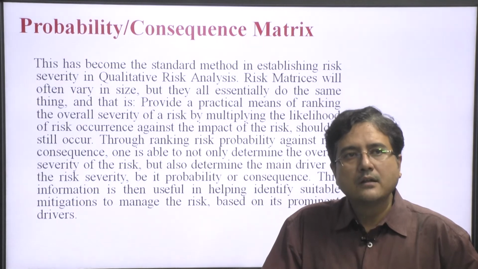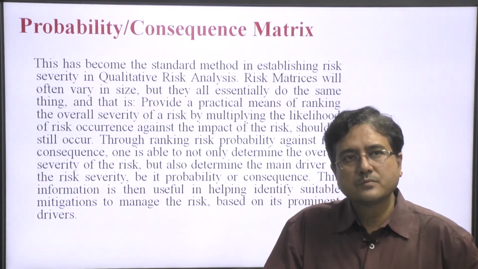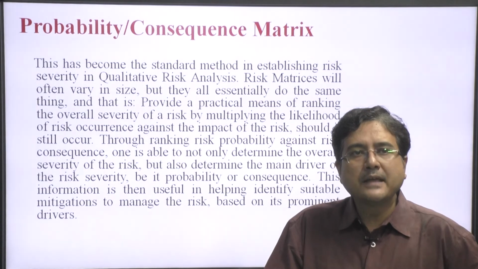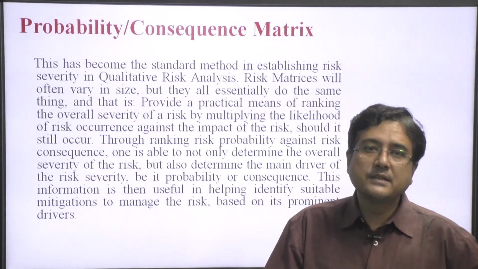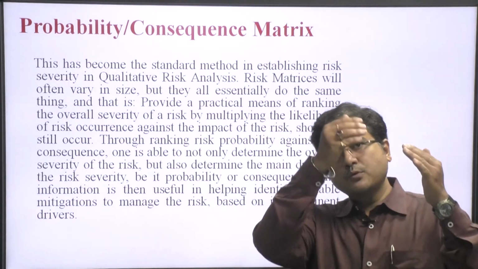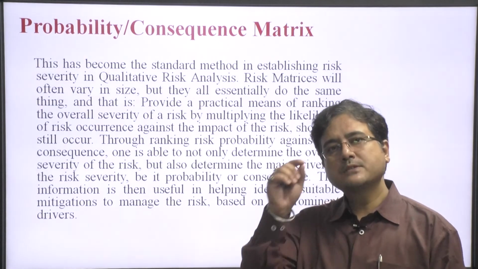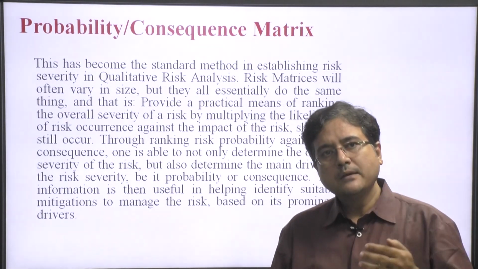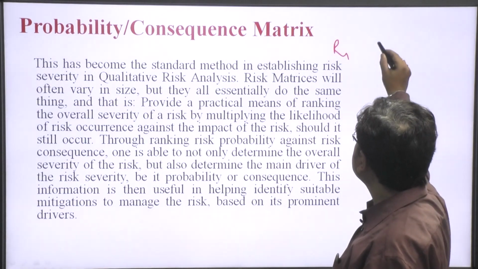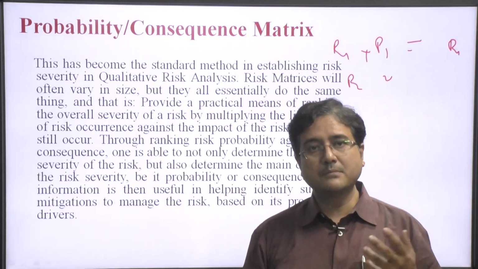This matrix will often vary in size, but all essentially do the same thing, and that is provide a practical means of ranking the overall severity of risk by multiplying the likelihood of the risk occurrence against the impact of the risk, thereby ranking them. In this, we will make a matrix in which we rank the risks, put probability in front of them and multiply with the probability, and we get the rank. First rank, second rank, we keep giving ranks to risks on that basis and then we analyze. If a risk is R1, its probability is P1, R2 P2, we multiply these and then give ranks: first, second, third. So this is the consequence matrix.